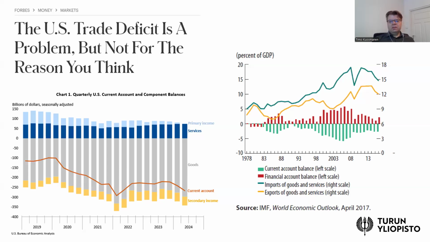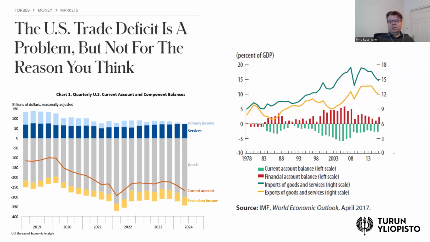On the right-hand side of the slide, I took from the IMF World Economic Outlook an article with a diagram that indicates how US imports, indicated by the blue curve, have been persistently higher than US exports, indicated by the yellow curve.